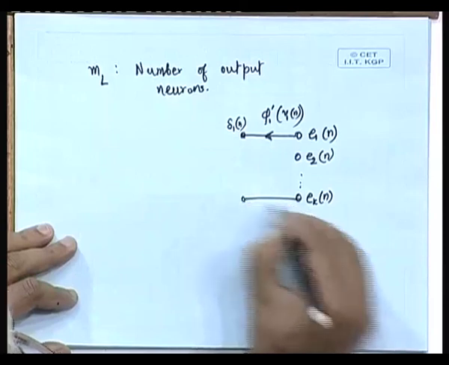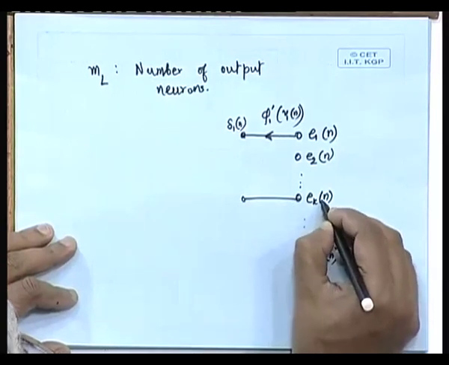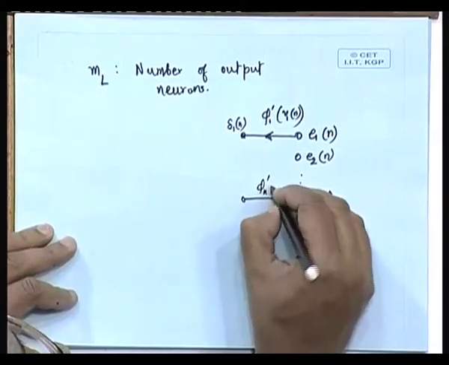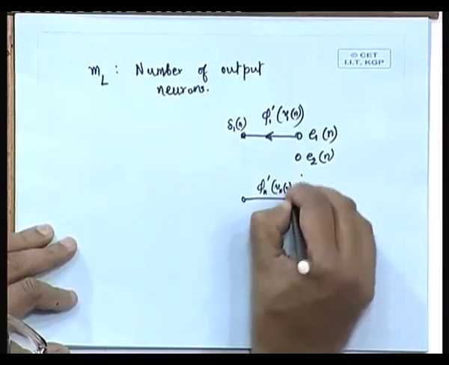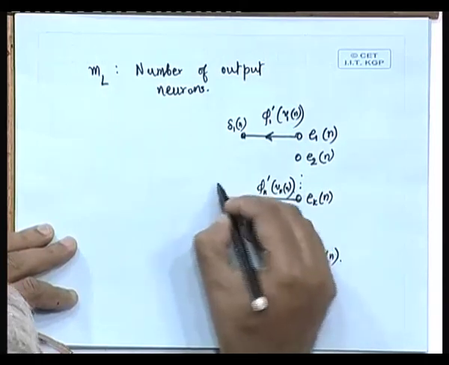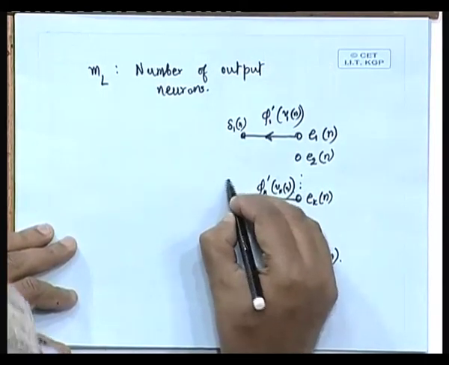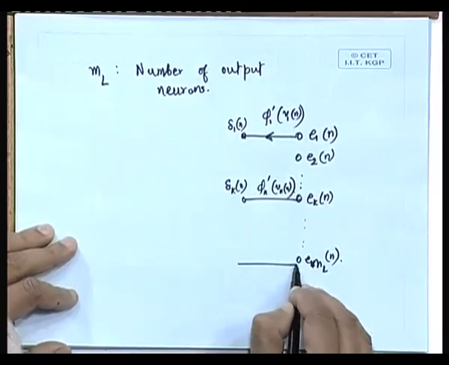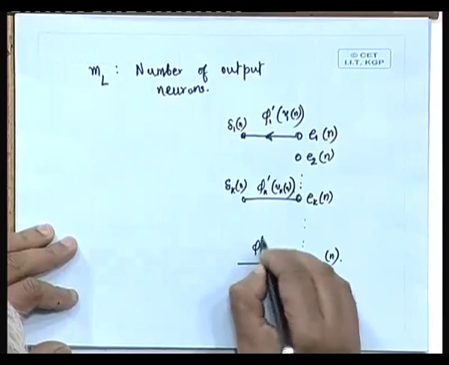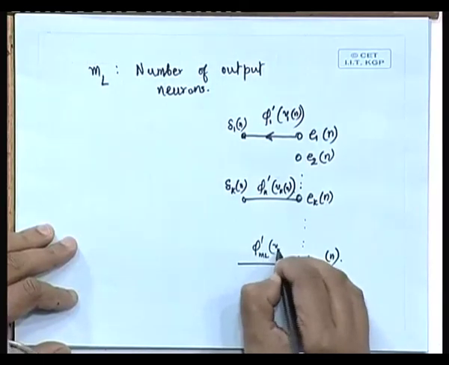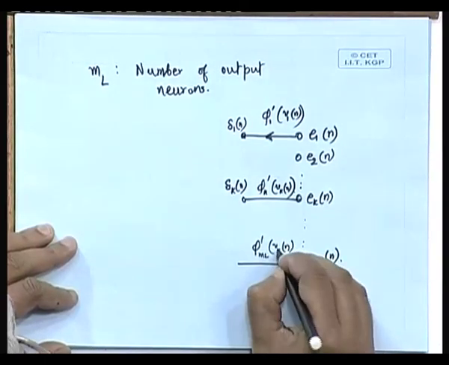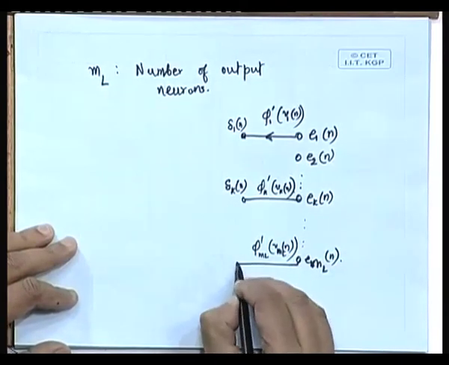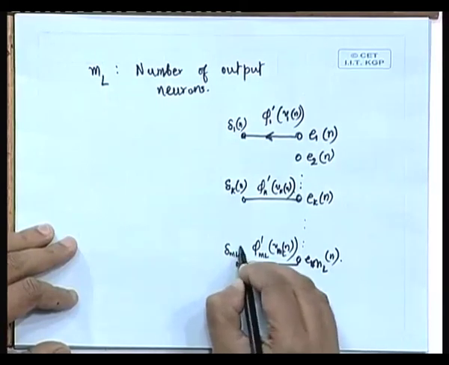When EKn is the error term, we multiply it by phi k dash Vkn, and here we are getting delta Kn. The last term will be phi dash ml VMLn, and here we are getting delta MLn.